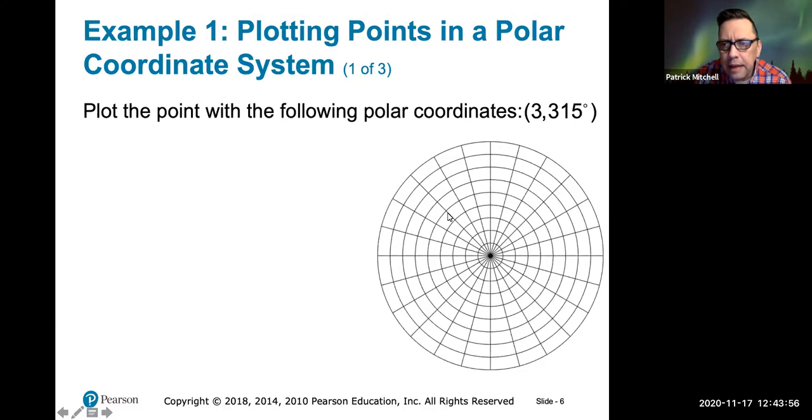Okay, so the idea is first find 315 degrees, and I believe that is this angle right here. And then just travel 3 units along that line. So it would be 1, 2, 3. So I'm just going to drop a, okay, you see that red line? So that would put you right about there.